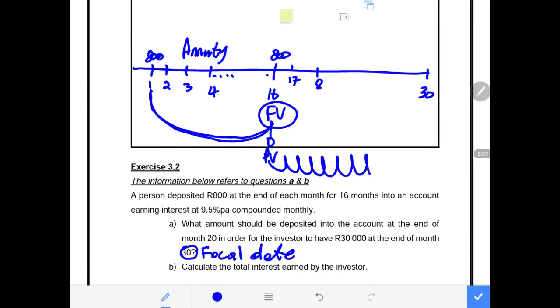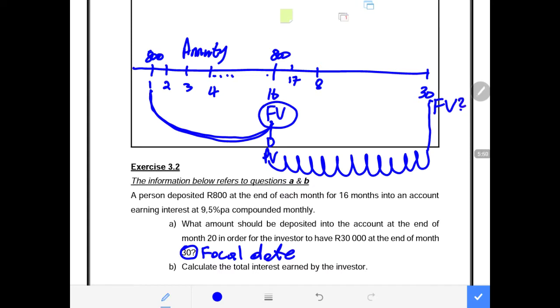Remember, we are not making payments, but the amount is remaining in the account earning interest every month, compounding up until the end of month 30. Then we have to say, okay, we do have the future value of the payments of 800 after they were left in the account from month 17 up until month 20.